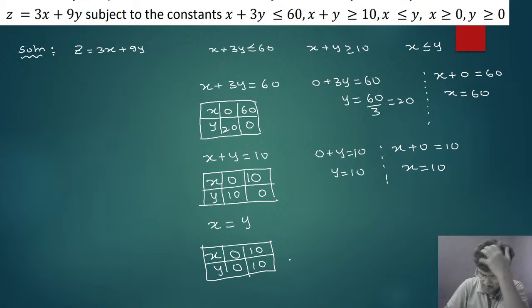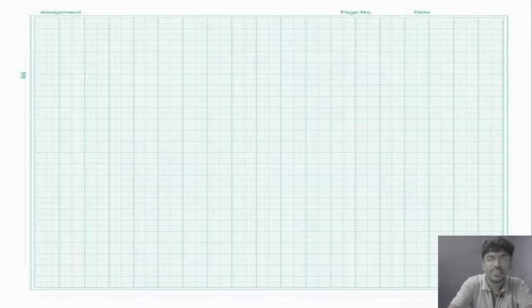Quickly tell me, all of you. Shall I go for the graph? Okay. So now you all see the graph. I think the graph is visible to all of you.